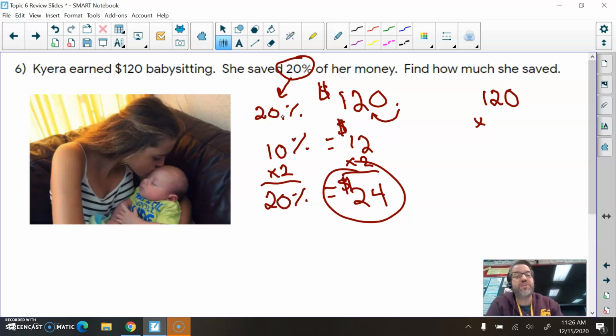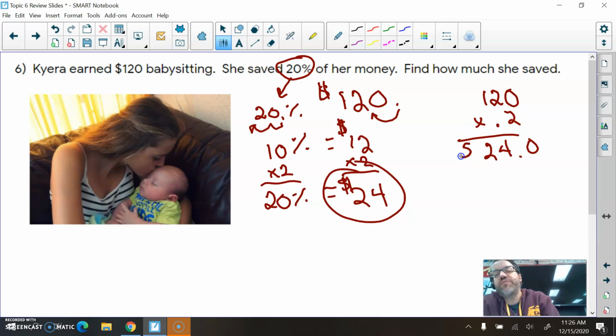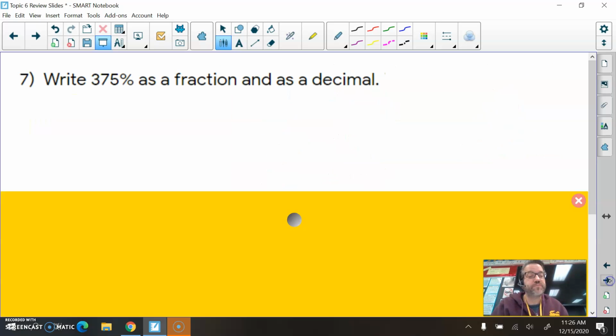To change it into a decimal, move 2 spaces to the left, and you get 0.20, or simply 0.2. And you can use a calculator and take 120 times 0.2, the decimal version of 20%. And that comes out to 24.0. We're working with money, so that would be $24. And I know money usually shows 2 places past the decimal point. So that's how you do number 6.